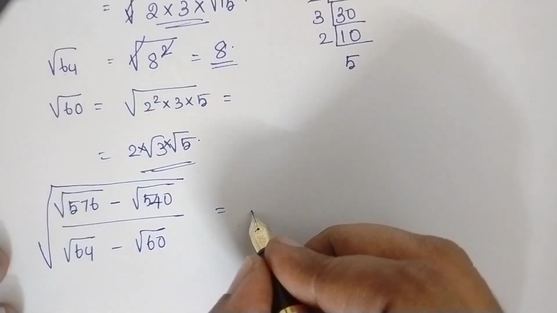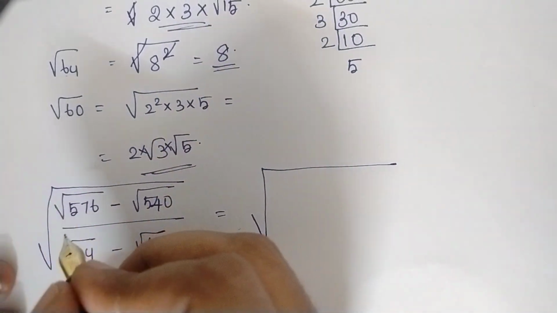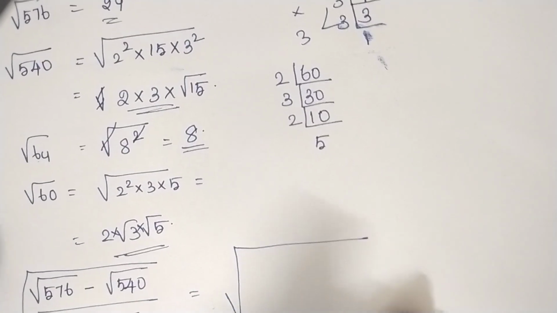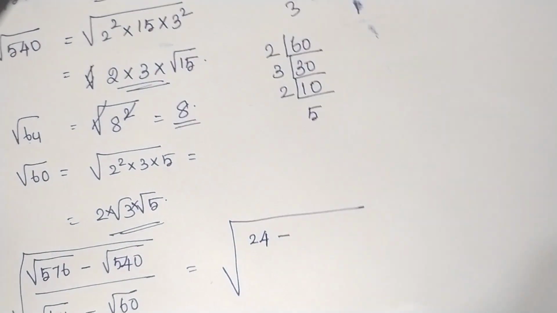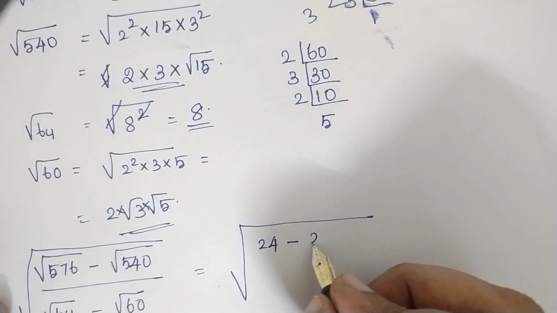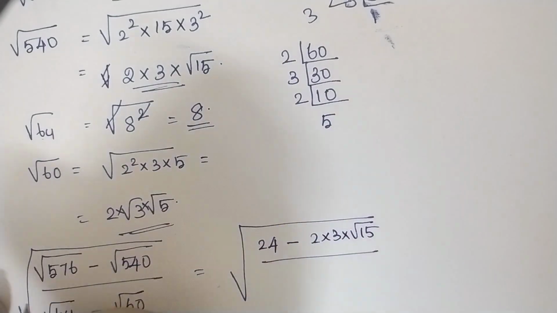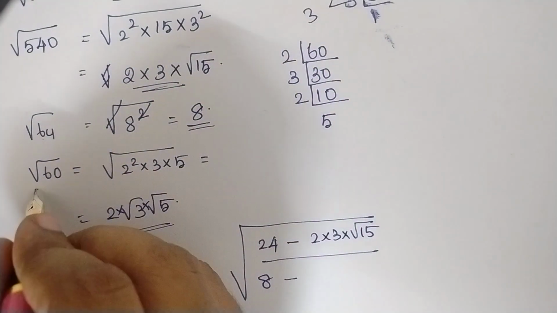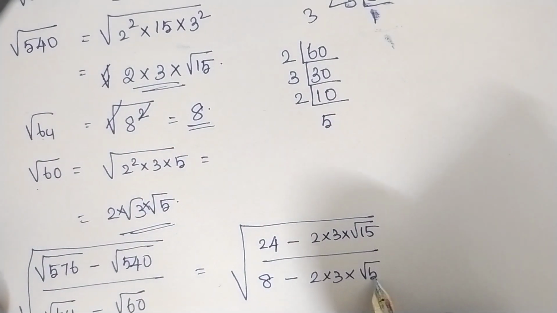Root 576 is equal to 24, minus root 540 which is 2 into 3 into root 15, divided by root 64 which is equal to 8, minus root 60 which is 2 into 3 into root 5.